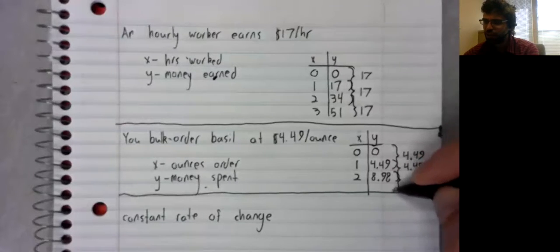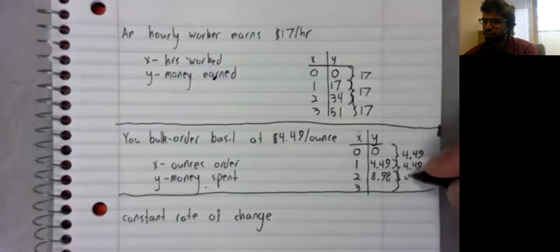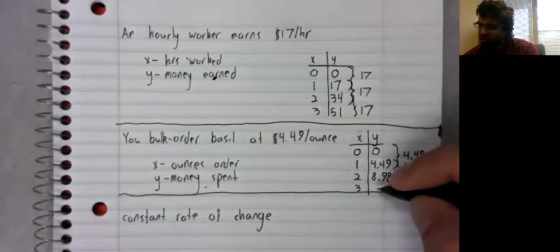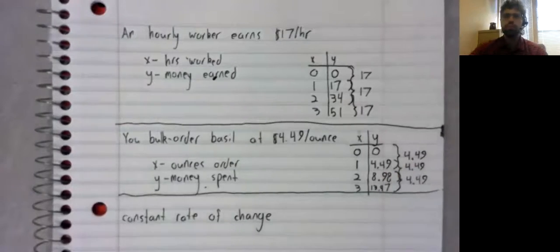And we're about out of space, but if you went from 2 ounces to 3, the cost would increase by $4.49 for a total of $13.47.